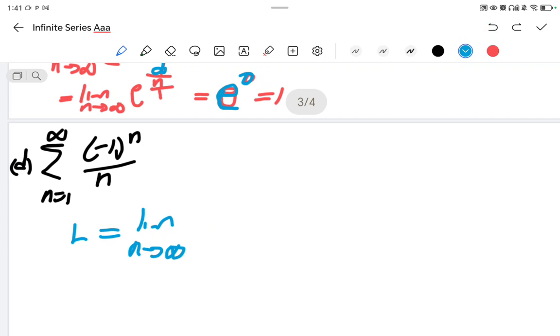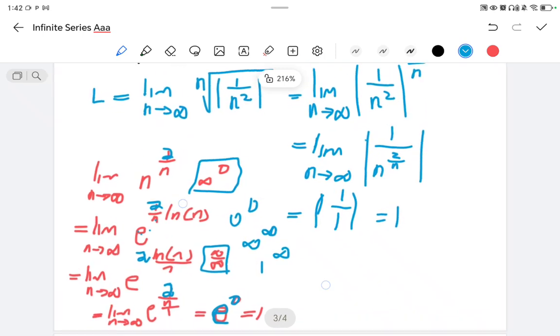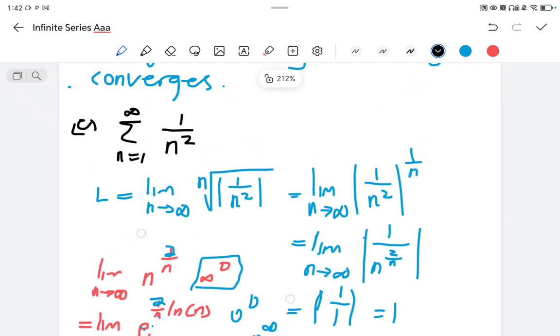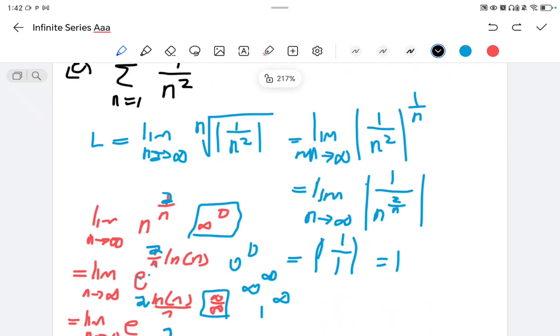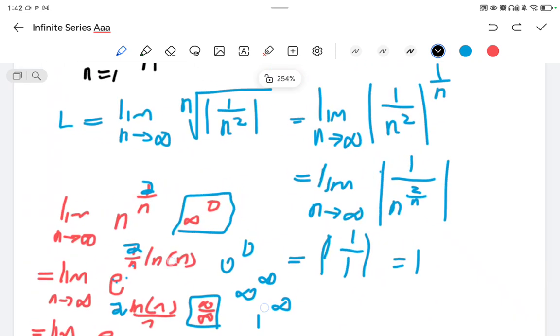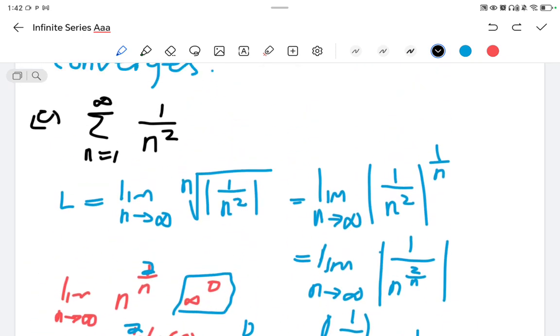When you have to say that by the root test the series is inconclusive, then you look for another test to solve that question. So this question you can just easily use the p-series test. You say right. It converges by the p-series test because p is greater than 1.